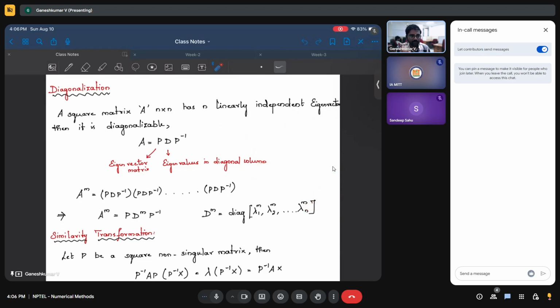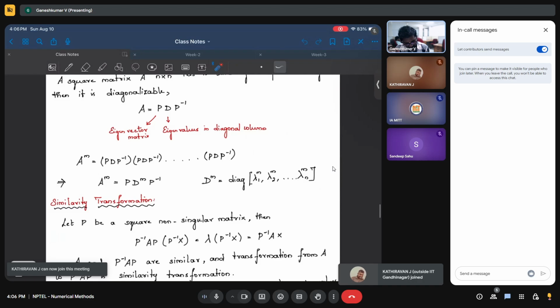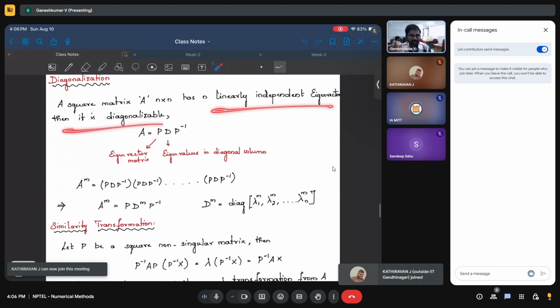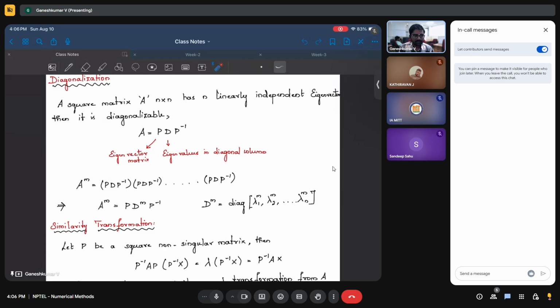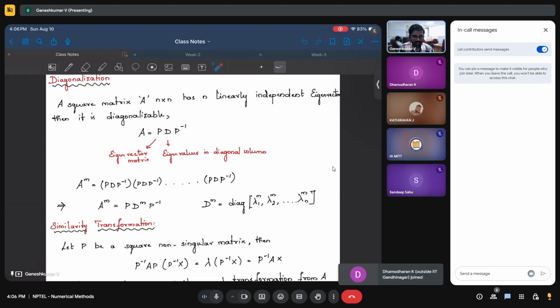Linear independence means you cannot represent one eigenvector in terms of the other eigenvectors. If, for a given matrix, you find the eigenvalues and eigenvectors and the eigenvectors are linearly independent, then that matrix is called diagonalizable.